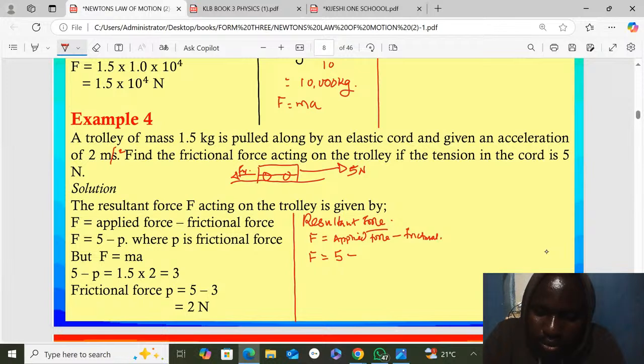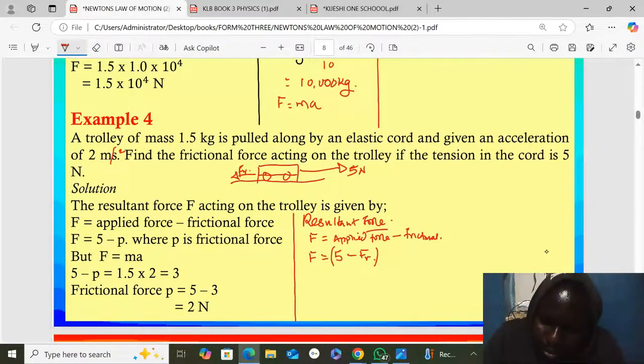Frictional force, for my case, I'll say it is denoted by Fr. Therefore, now, it will be easy if we put some brackets here.